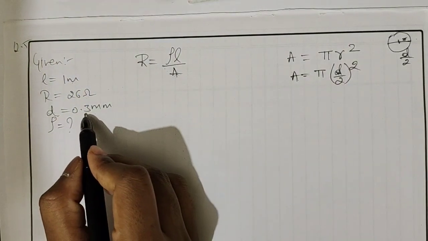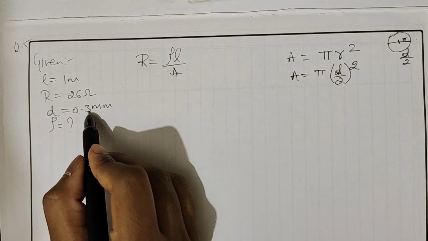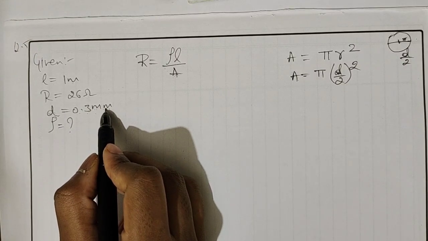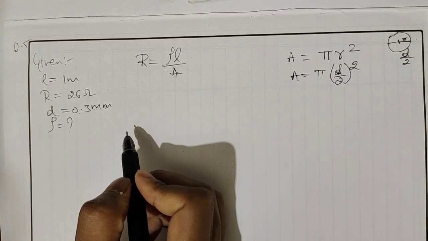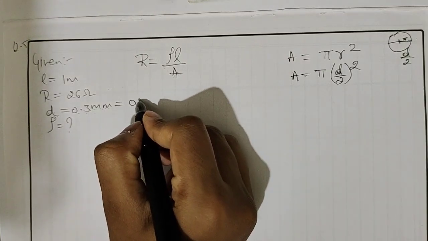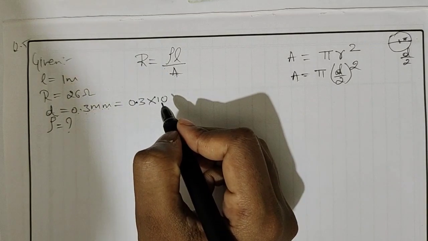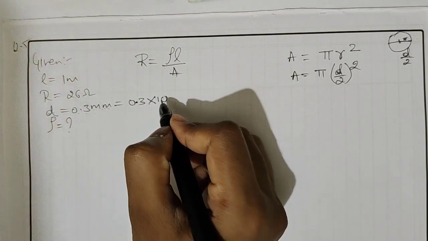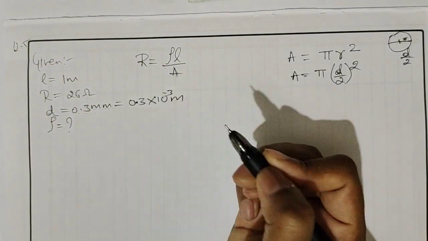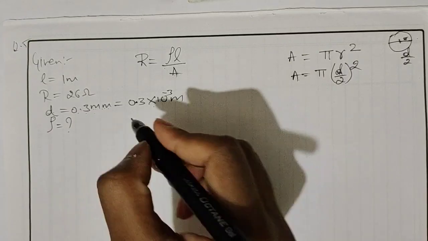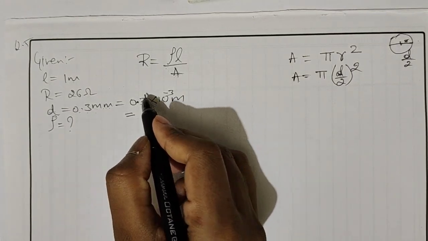And here what we have, D is given as 0.3 millimeter. So it's better for us to convert it into meter. So 0.3, what is the value of milli? Milli value is nothing but 10 to the power minus 3 meter. Now this is the value. So what does exactly this mean?